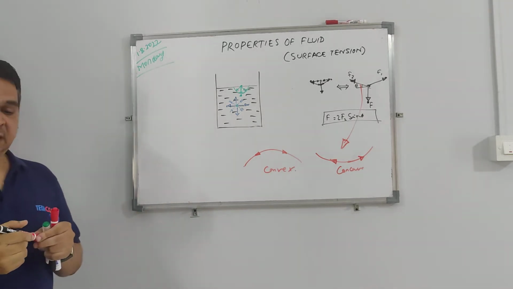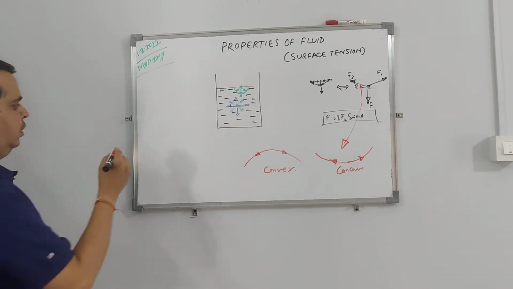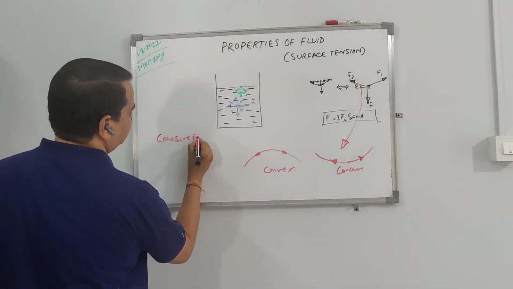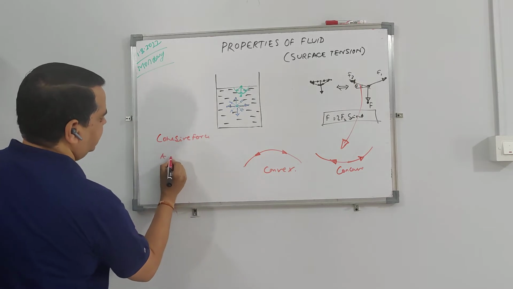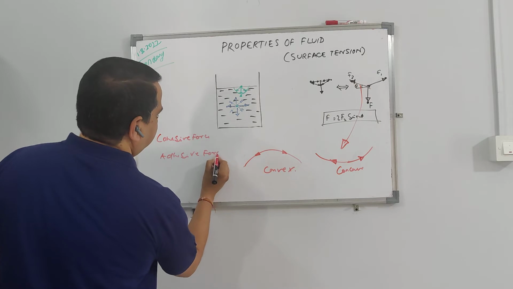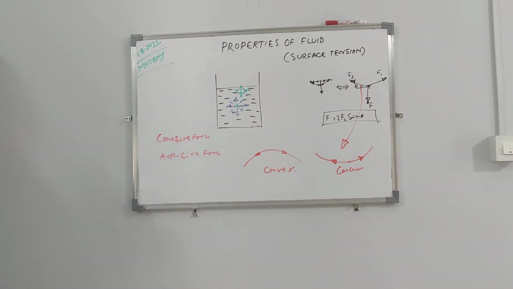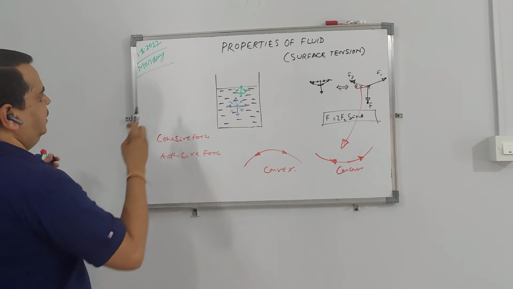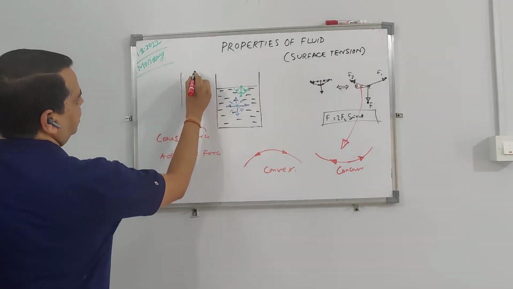There are two types of forces. One is called cohesive force, which you might have studied, and another is called adhesive force. The cohesive force is the force between similar molecules. Similar means water to water molecules. Let us say you have a capillary tube.